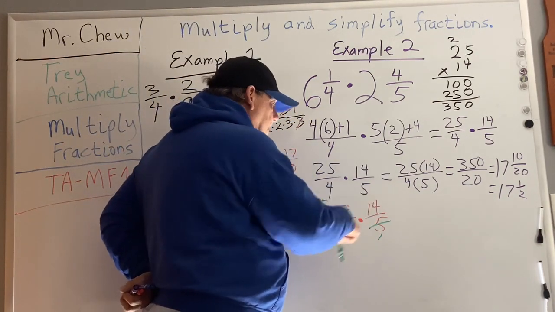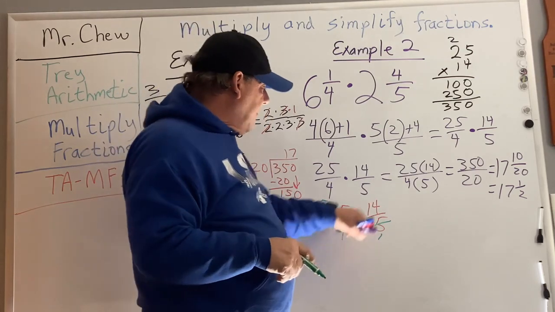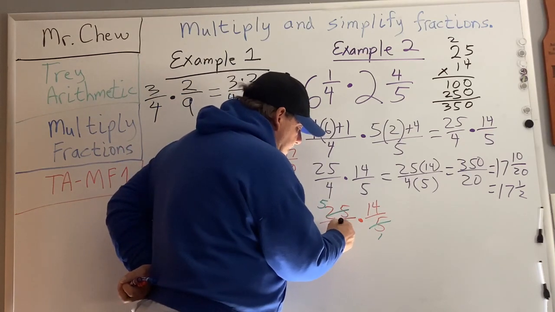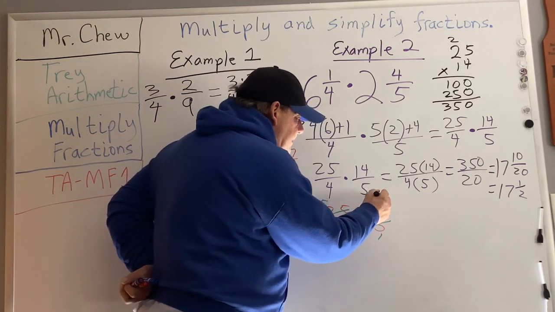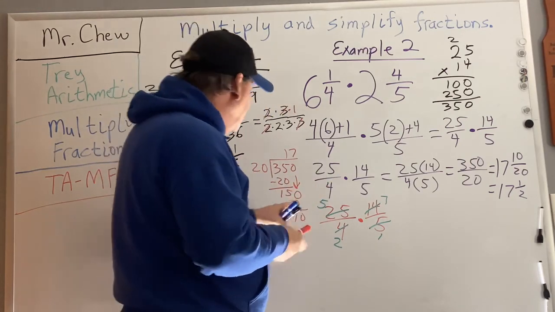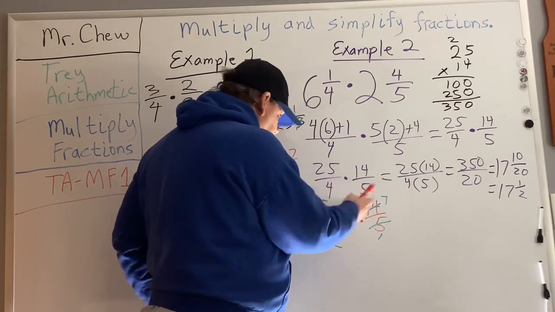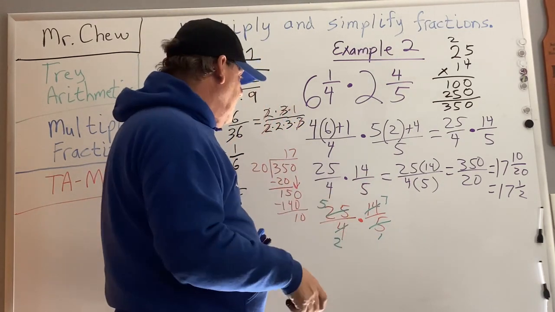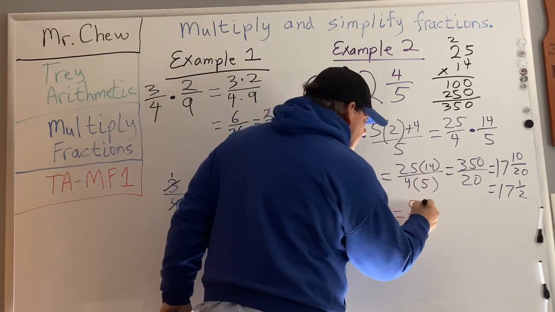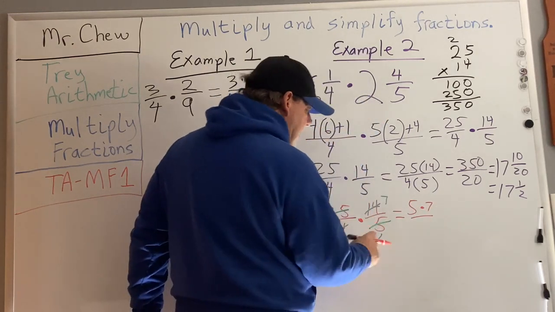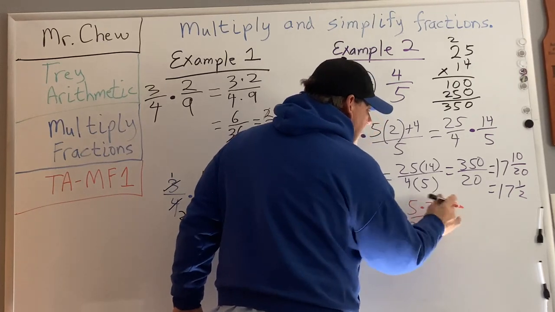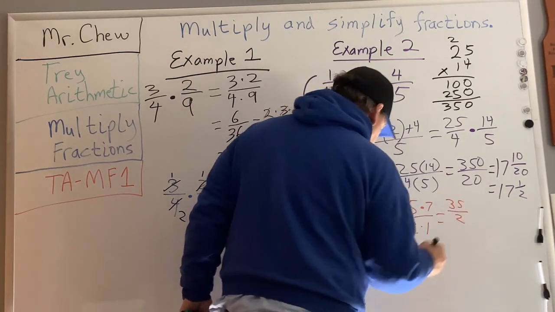Now I look at my 4 and my 14. Well, I can't divide by 4, but they're both even, which means I can divide by 2. So 4 divided by 2 is 2. 14 divided by 2 is 7. So when I multiply across now, since I can't divide anything else by a common factor other than 1, this ends up equaling 5 times 7 over 2 times 1, which is 35 over 2.